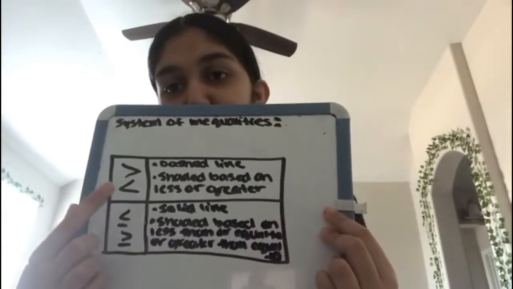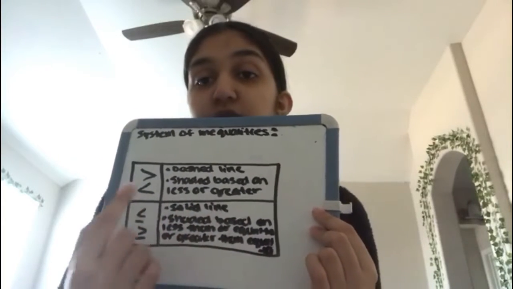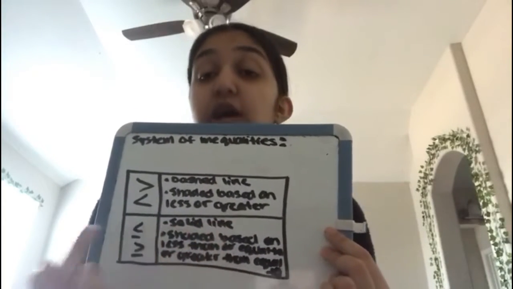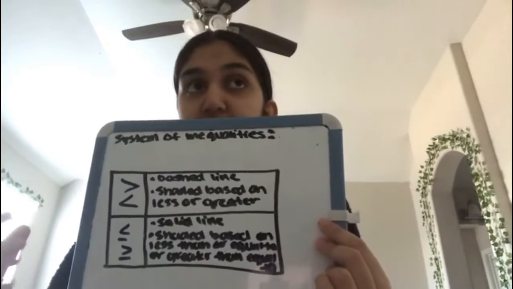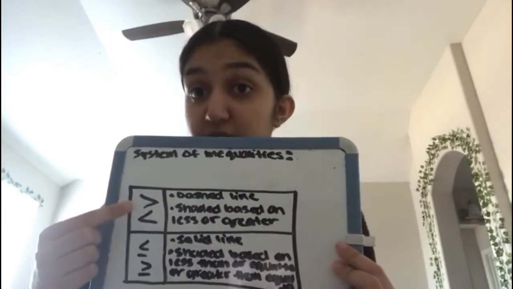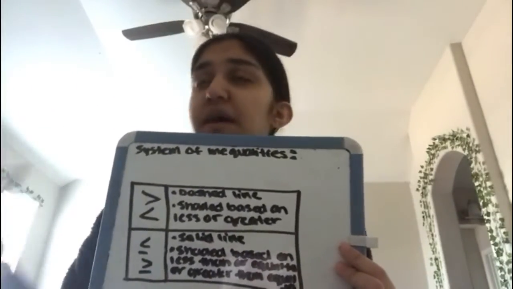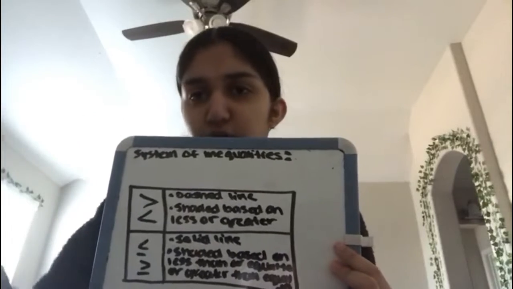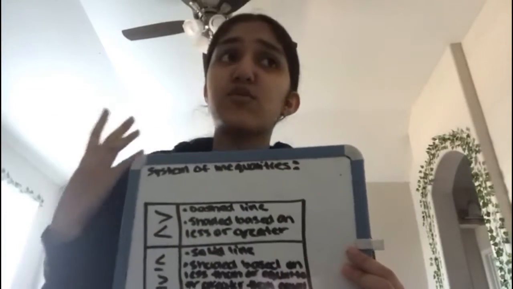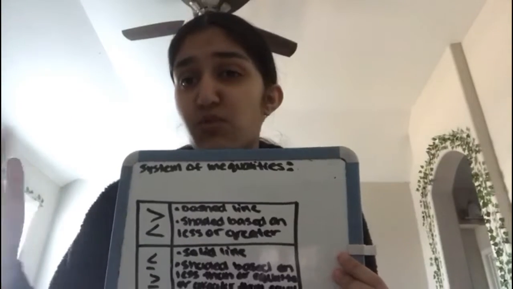Now this one says shaded is based on less or greater, meaning it is based on what sign you have. If it was greater than, then it would be shaded up, on this side or this side. It depends on which way your graph is going, and when I show you the problem, it's easier to explain.